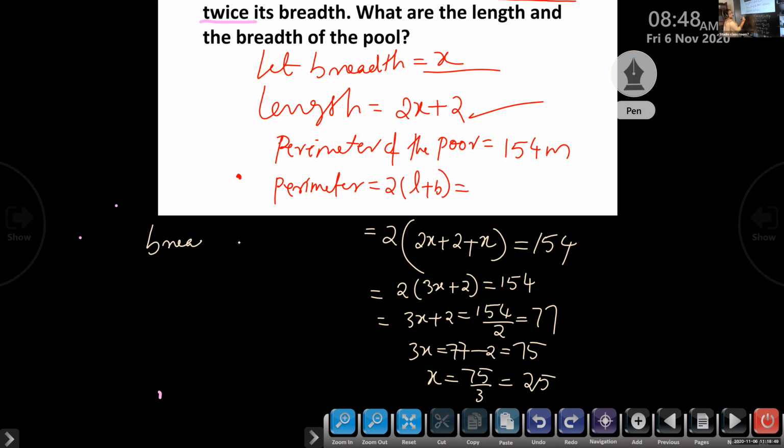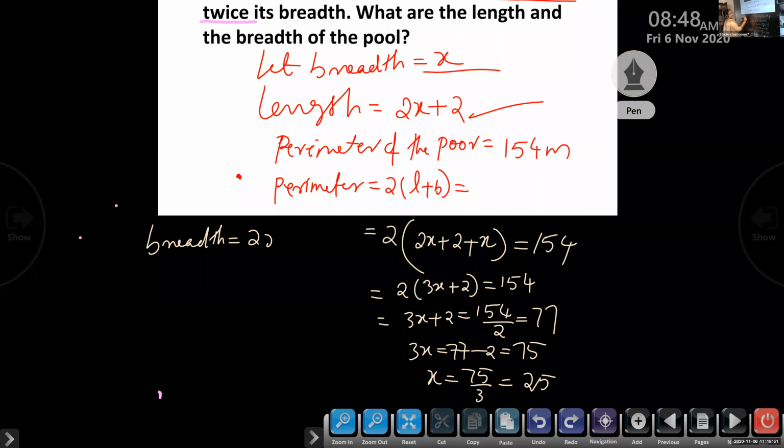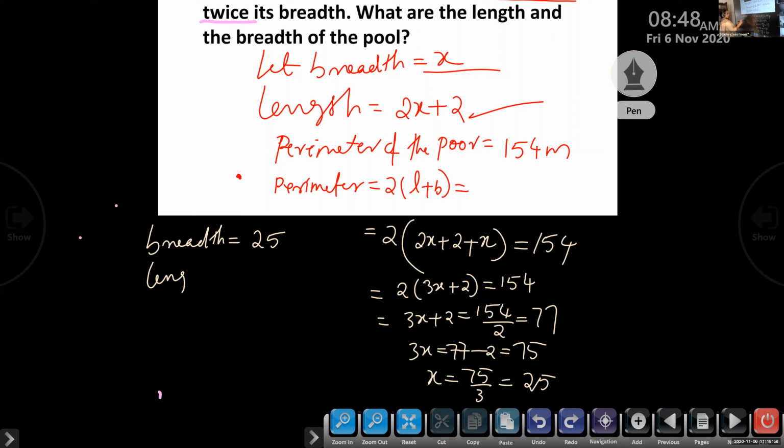Question is find breadth and length, not x. So breadth equal to 25. Length equal to 2x plus 2, that is 2 into 25 plus 2.